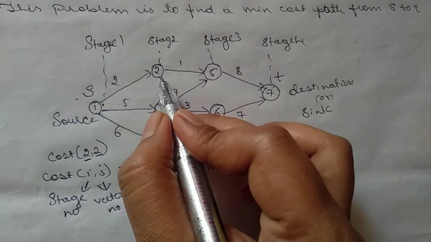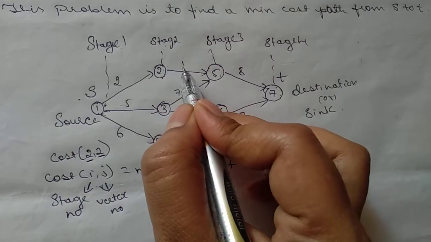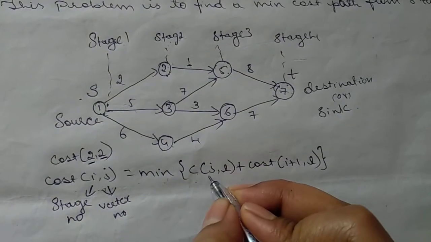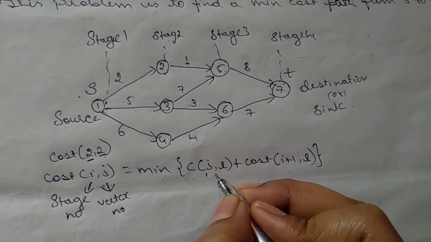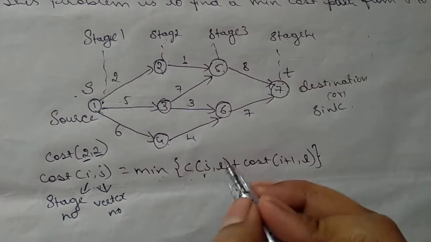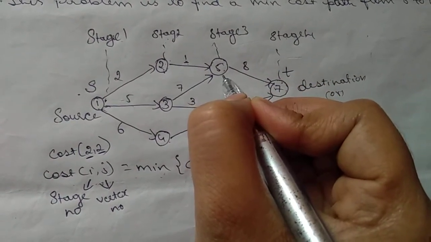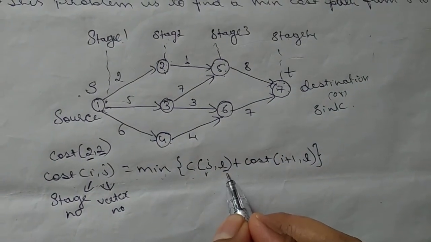If I am taking 2, between 2 and 5 what will be the cost, that you have to find out. So here j is the vertex number, the current vertex I am taking, and l is the next vertex number.